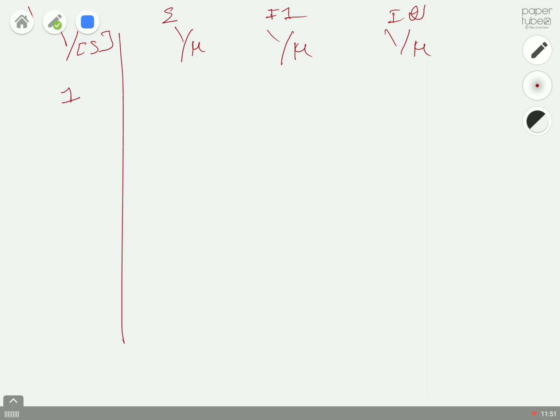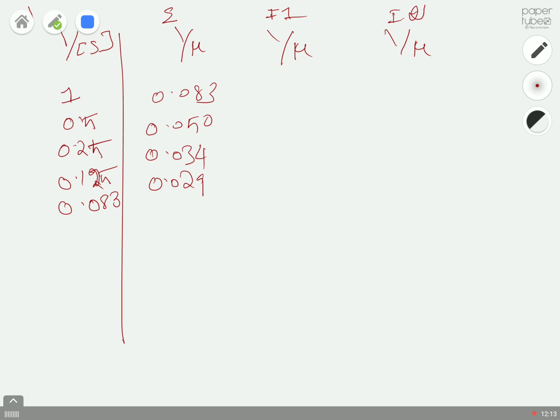So it's 1, 0.5, 0.25, 0.125, 0.83. This is 0.125, and then 1 by mu for pure enzyme is 0.083, 0.050, 0.034, 0.029, 0.025.